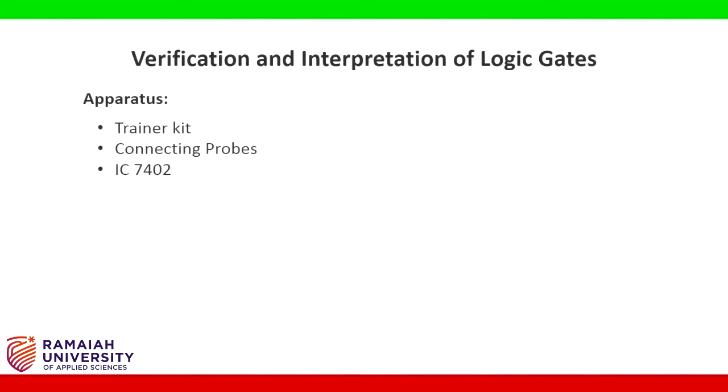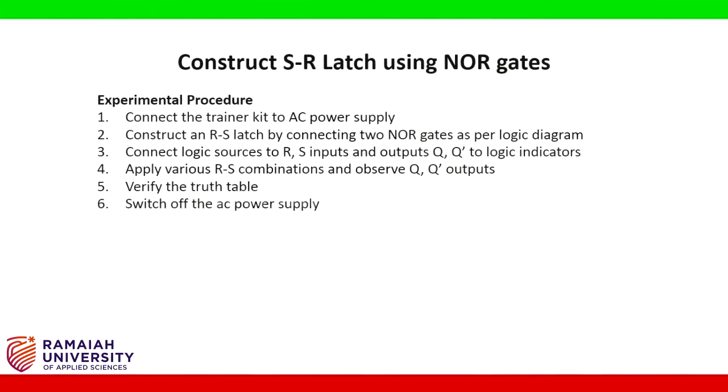The apparatus required for this experiment are trainer kit, connecting probes, IC 7402. Procedure for verification of latch. Connect the trainer kit to AC power supply. Construct an RS latch by connecting two NOR gates as per logic diagram.